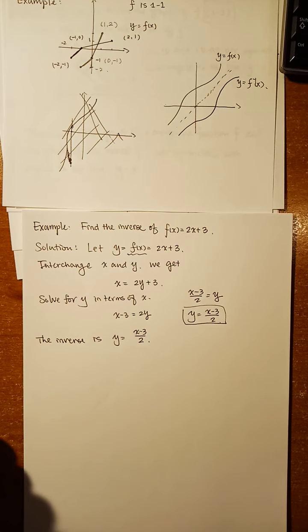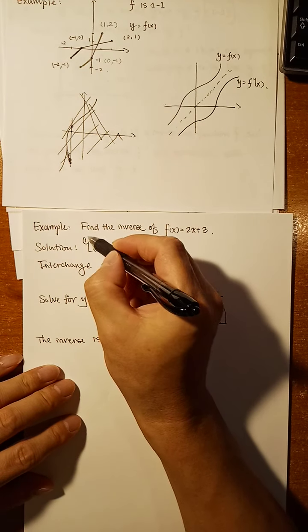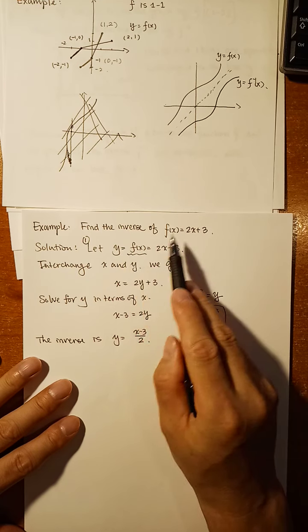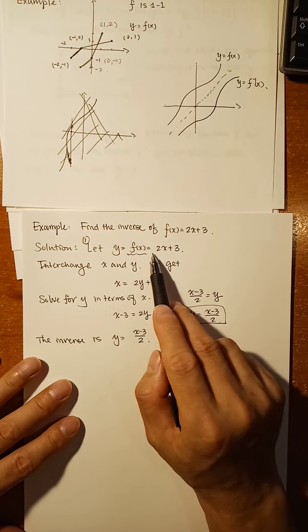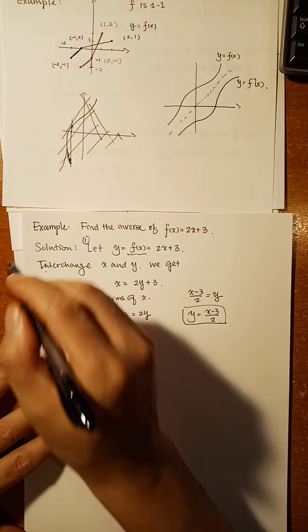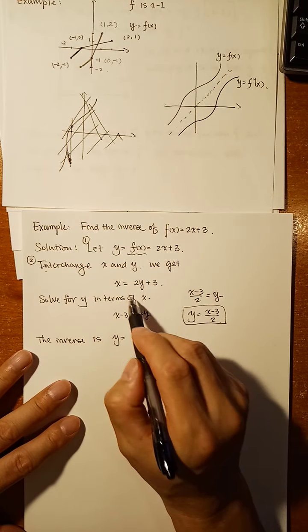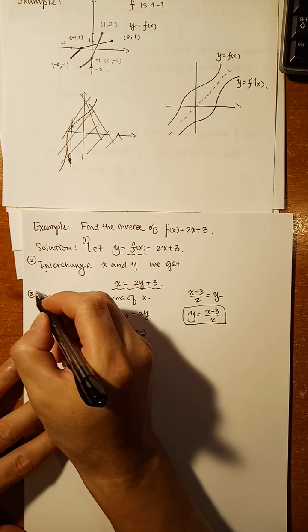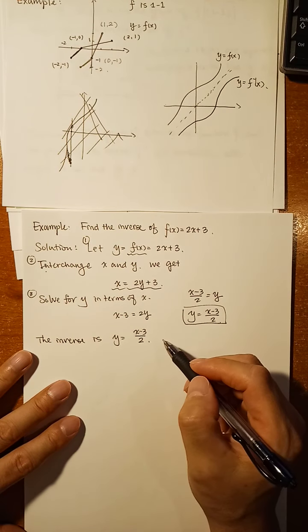Okay, so how do we do that? The first step, we name y. Sometimes they don't give you y, you just do it. If they already give you y, you can jump to the second step. Second step, you interchange x and y, get the concrete formula. And third step, you're going to solve for y in terms of x.